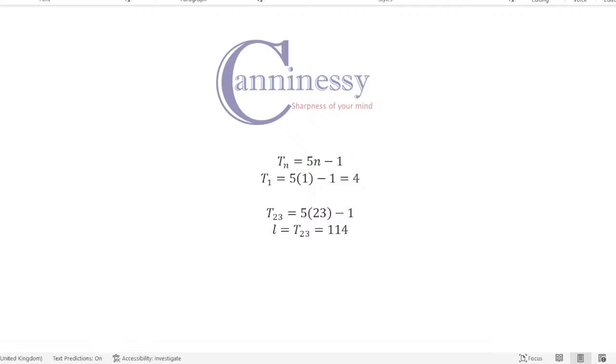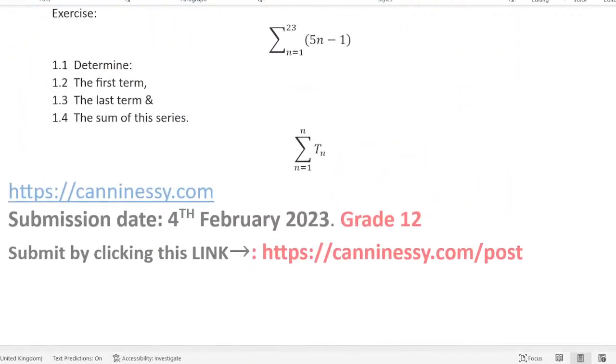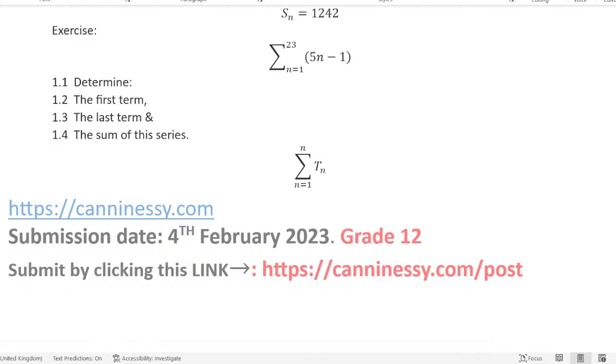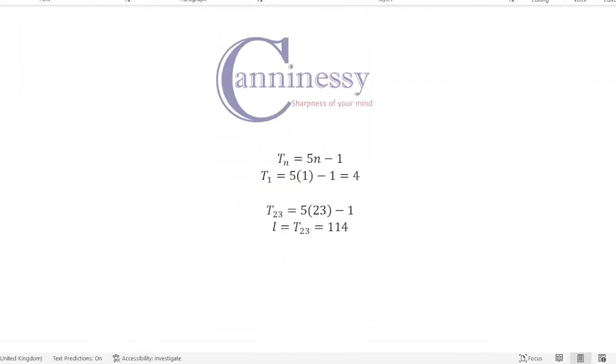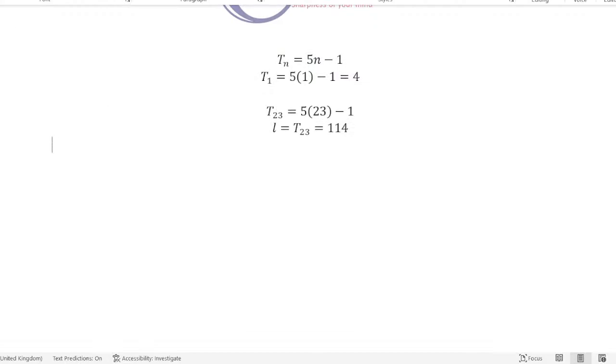Then the last question says, determine the sum of this series. Now remember, we have two equations here. The first equation is Sn is equal to n over 2 into 2a plus n minus 1 times d.